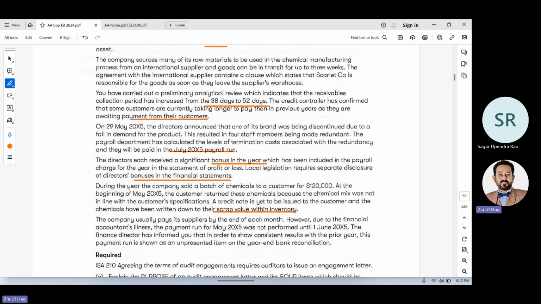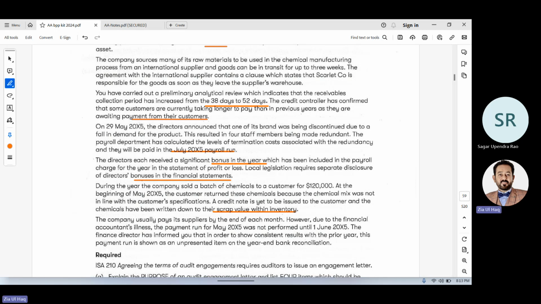So when we made the sale in the current year, the credit note is yet to be issued. This means the credit note at year end was not issued. So the sale return might not have been adjusted in the year to 31st May 20X5.